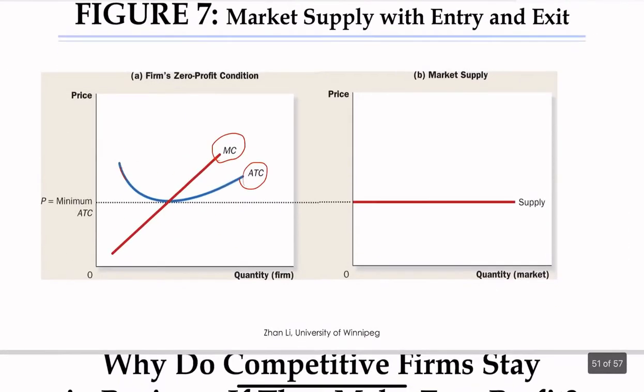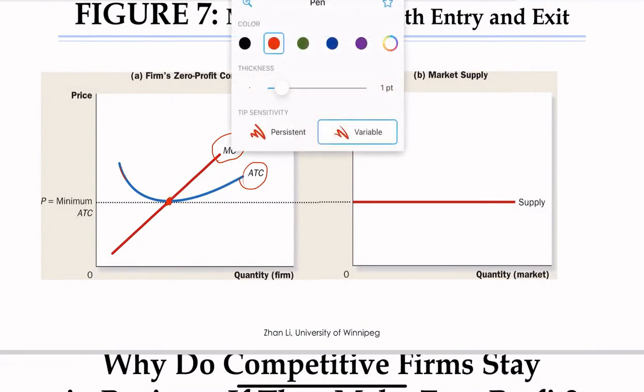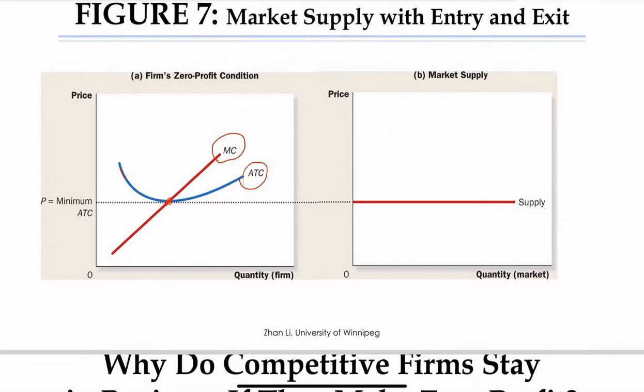From this picture, you can see that the only way you can have marginal cost equals average total cost is if you're at this point, right? Let me use a different color. You're at this point. And you can see that this point is exactly the lowest point of the average total cost curve.